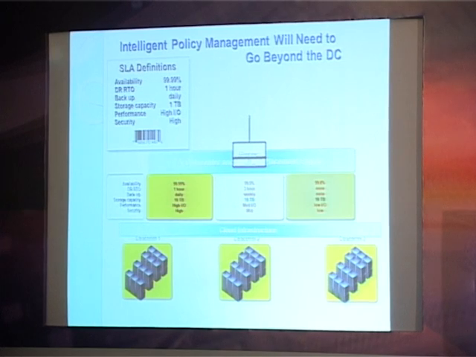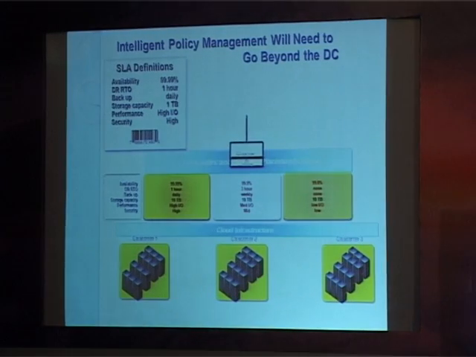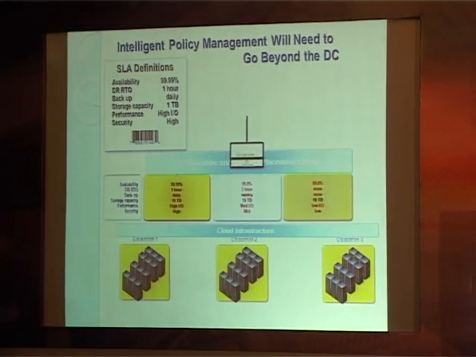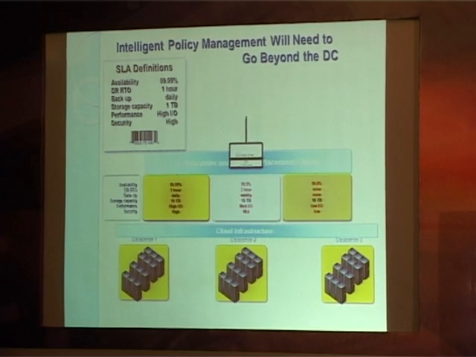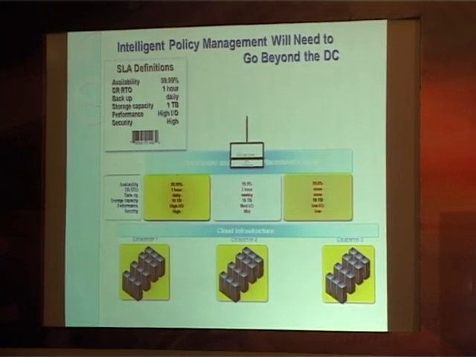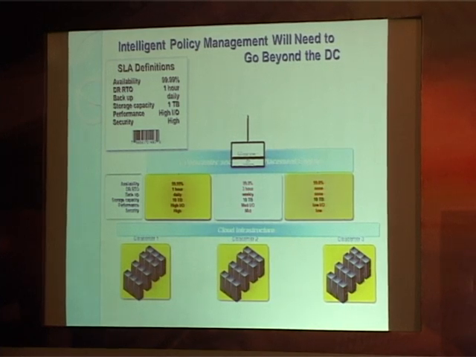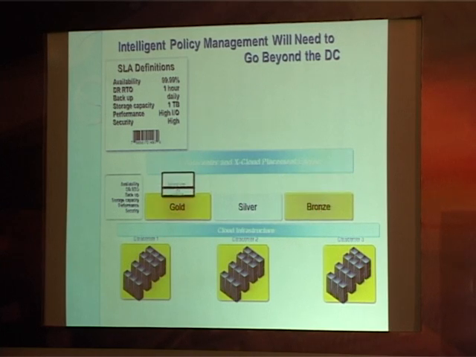The ones which are turned red, I hope you can make out. Black is the only one which is satisfied, and red is the one which is not satisfied. If you see, the silver and bronze have not satisfied the SLA for this. So this virtual machine has to get into the gold SLA.